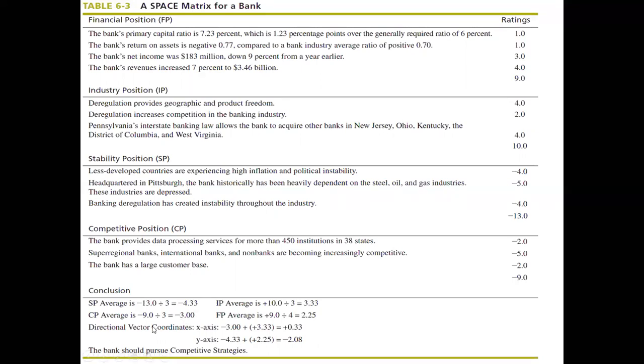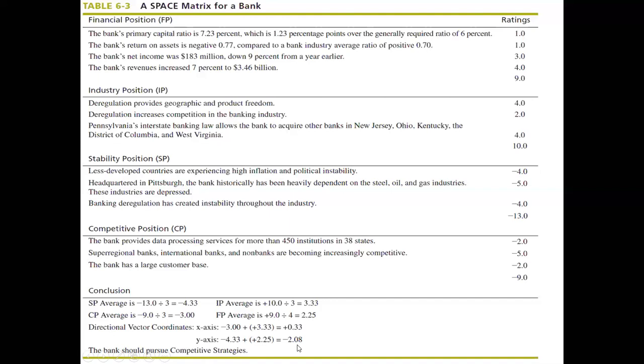The direction vector coordinates for the x-axis are -3 plus 3.33, and that would be equal to 0.33. That is the cumulative point for x-axis. And the cumulative point for the y-axis after calculation would be -2.08.